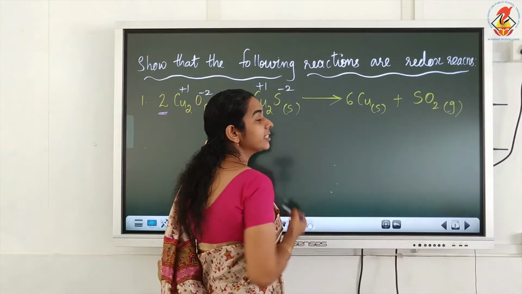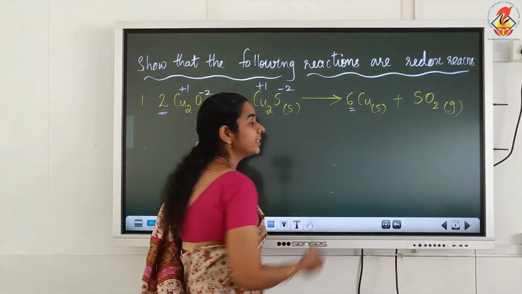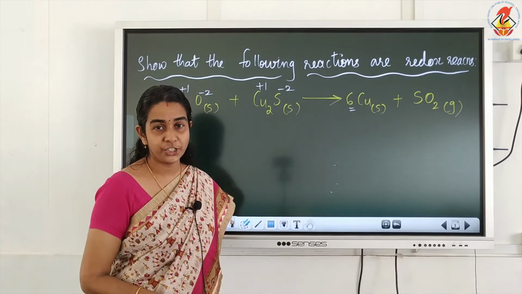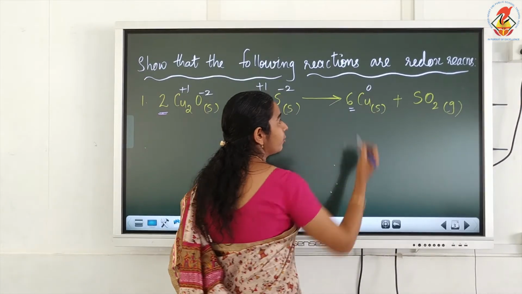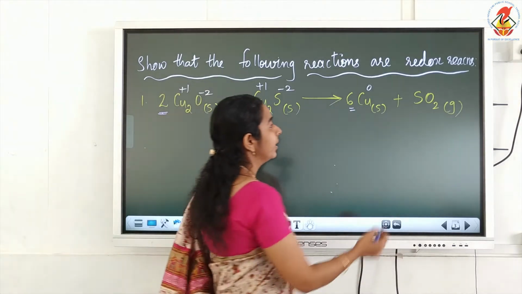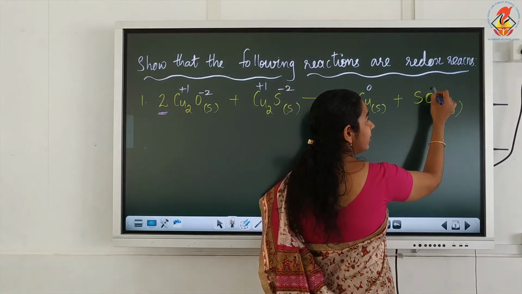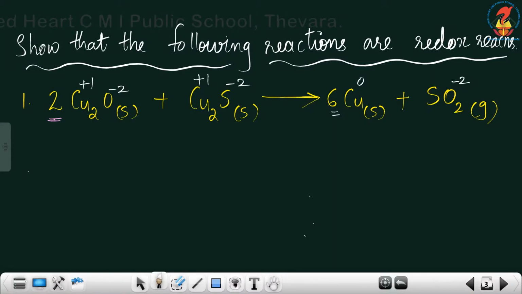Now, here we have 6 copper, but this 6 has no significance when we assign the oxidation number. Here copper is in the free state, so the oxidation state or oxidation number is 0. Now, again SO2, oxygen, we know that it is -2. Here we have 2 oxygen atoms, so -2 into 2 is -4.